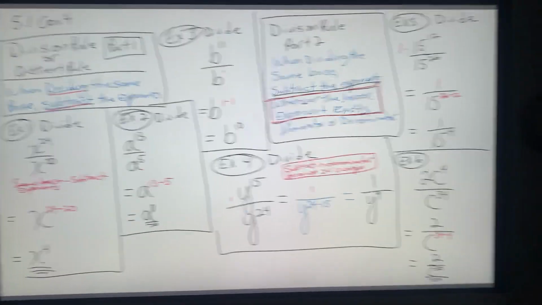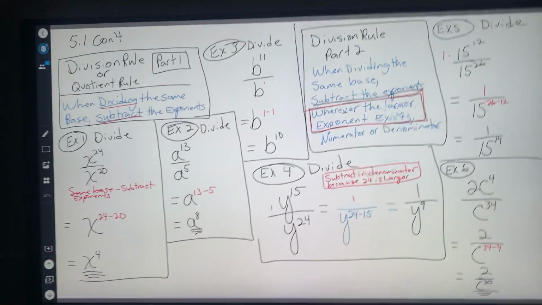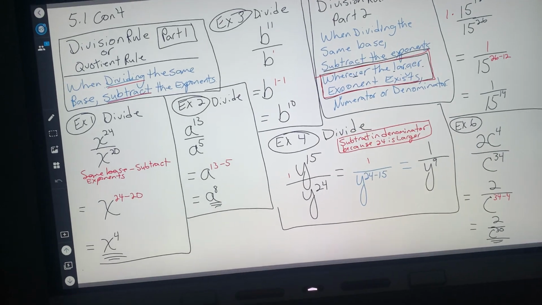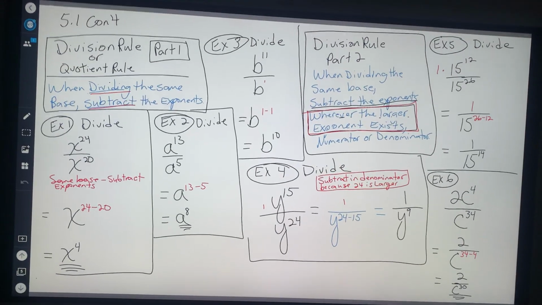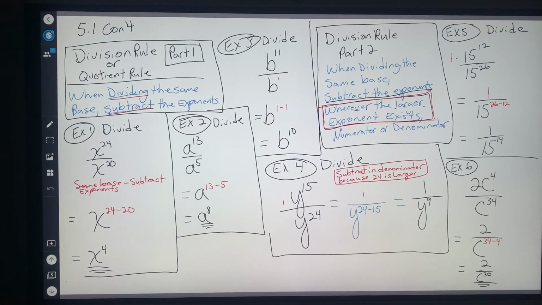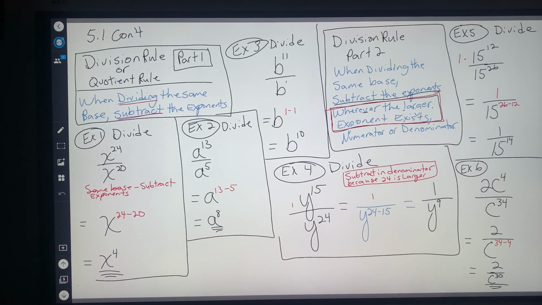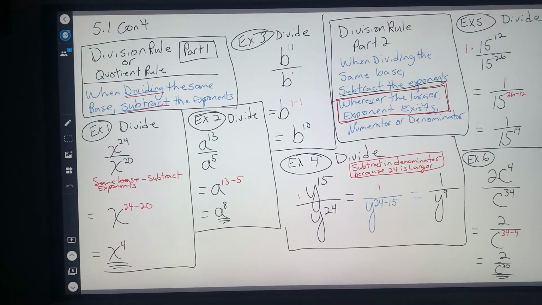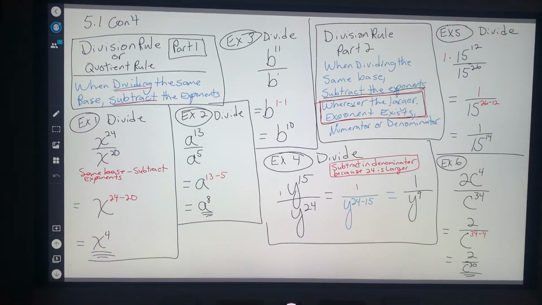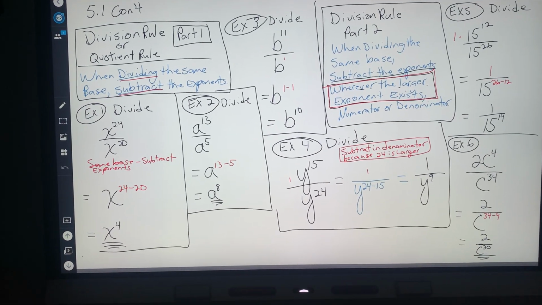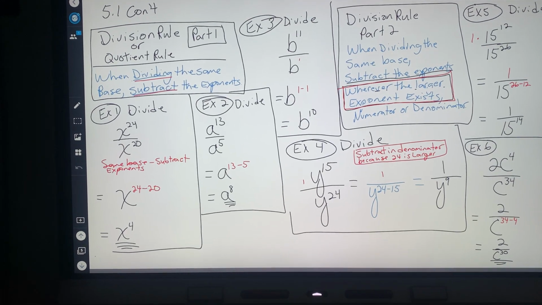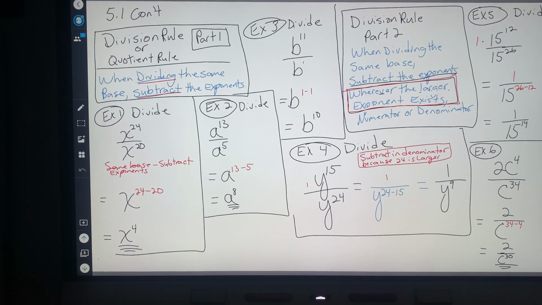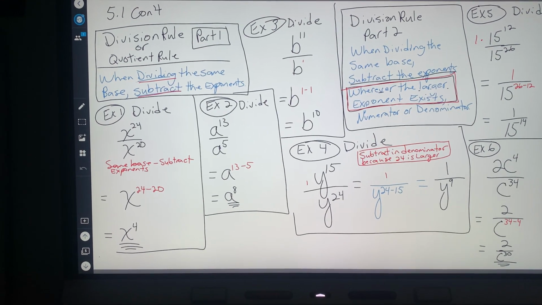But there's a second part to that rule where you may have a larger exponent in your denominator. The rule is, as long as you're dividing the same base, you subtract the exponents, and wherever the larger exponent is, that's where you do the subtraction.